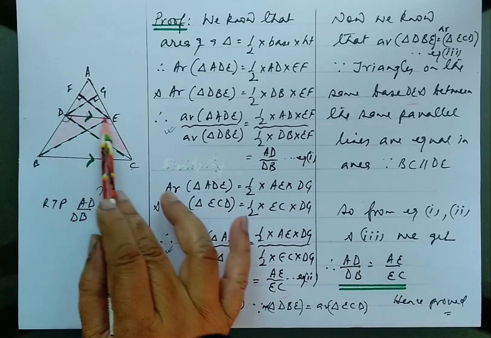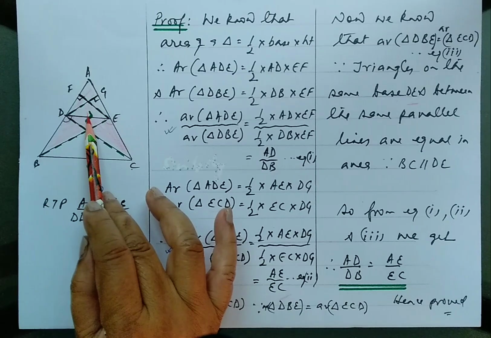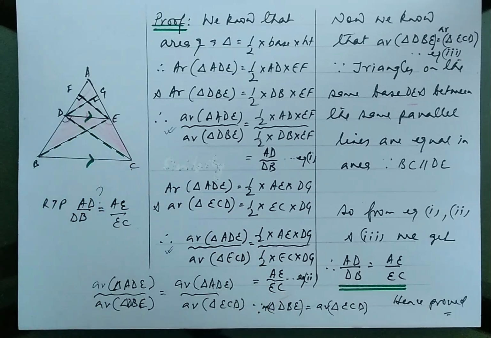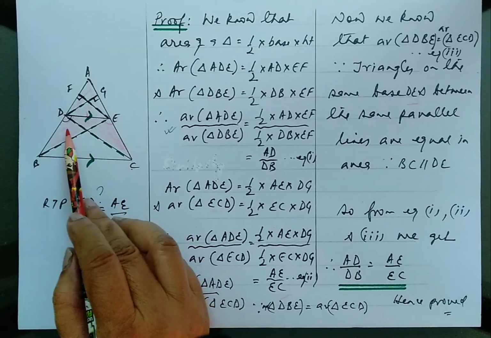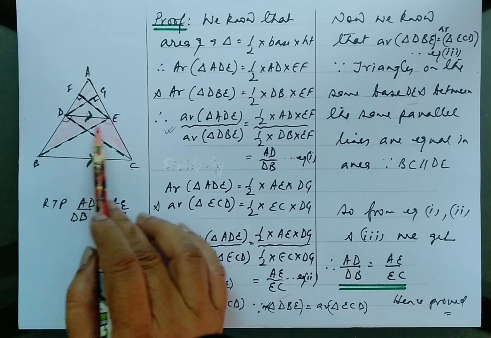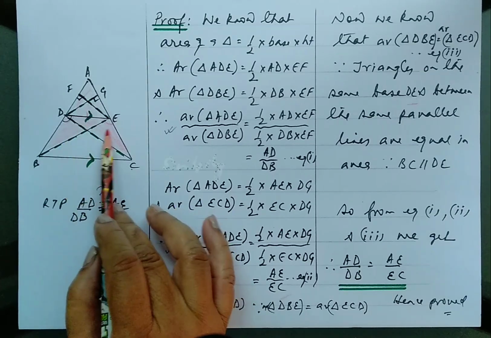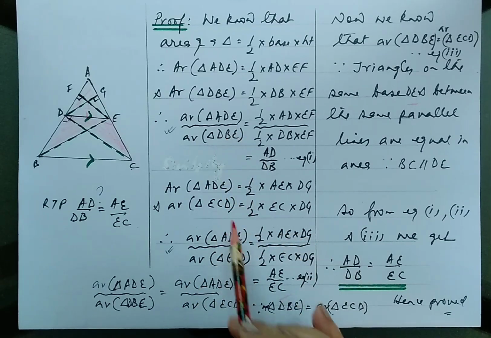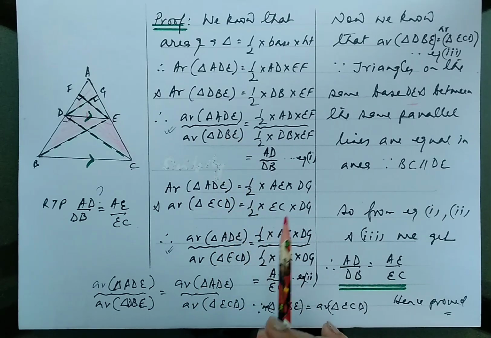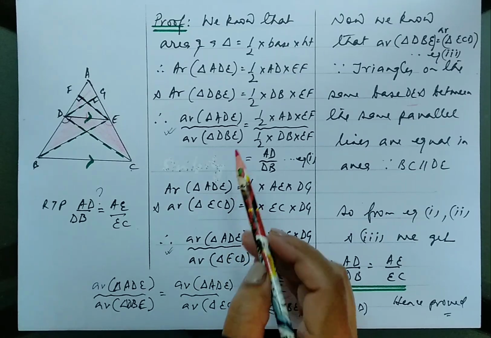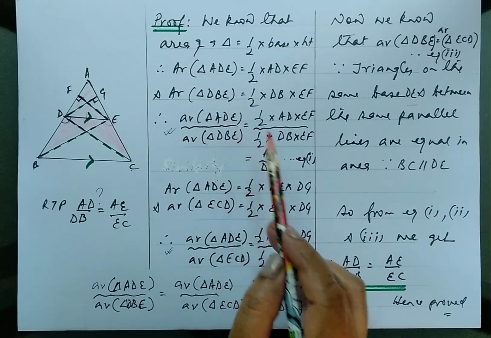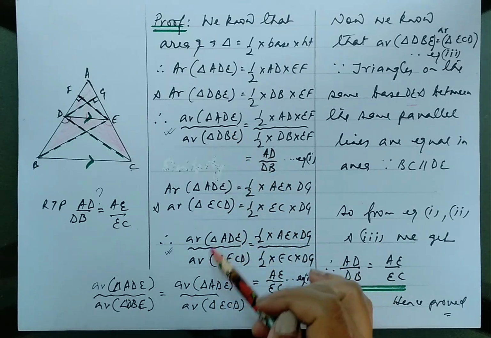So if any two triangles sit on the same base and stretch between the same parallel lines, their area is the same. So we know that they are clones of each other, duplicates of each other, which means can we not just cut this and write ECD there, or can we not?